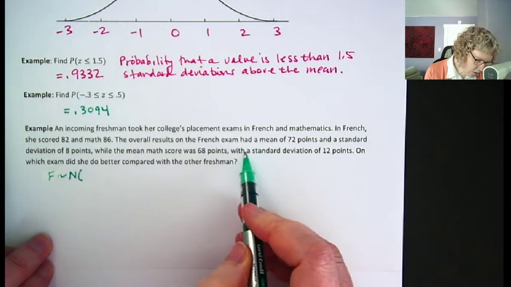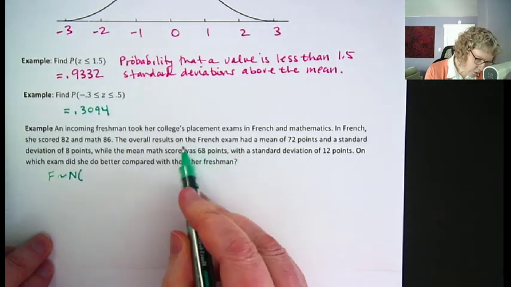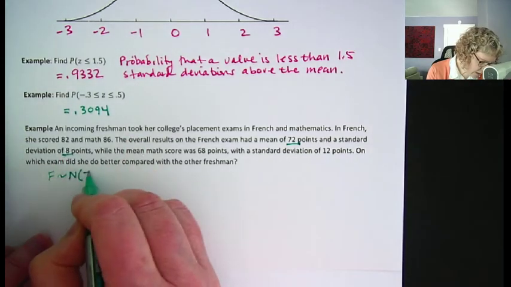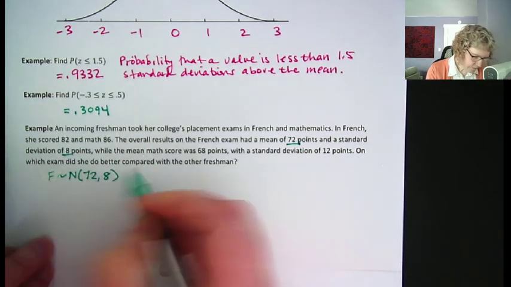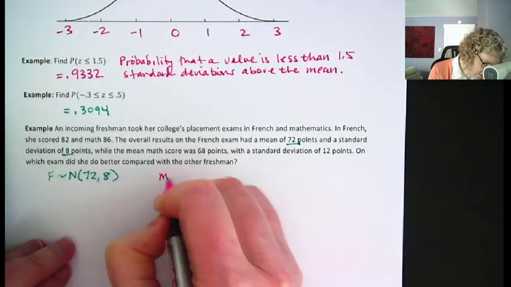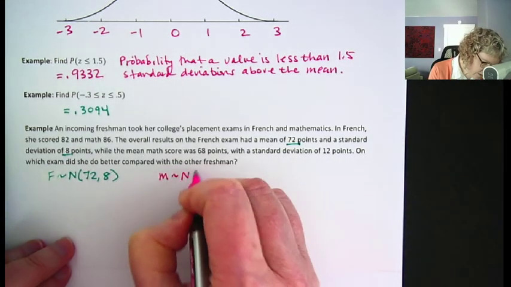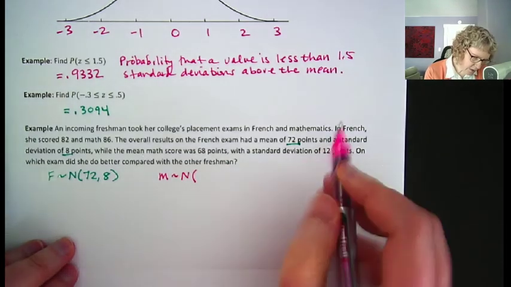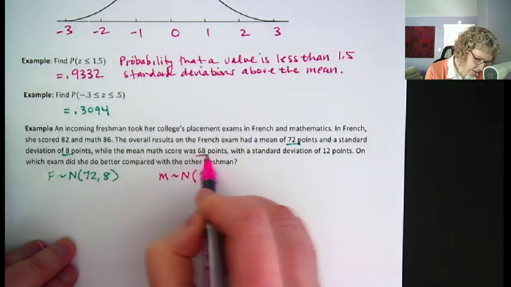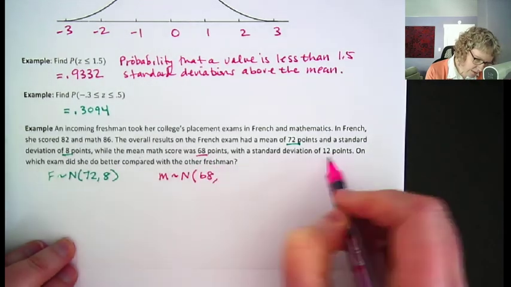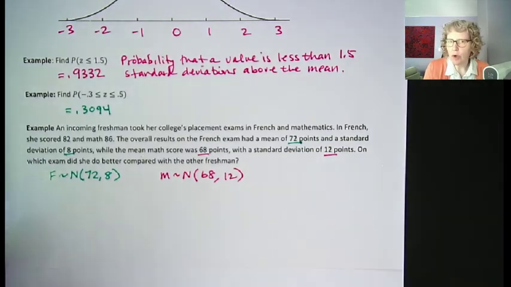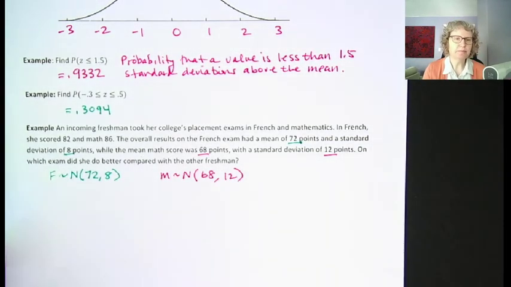The overall French exam had a mean of 72 and a standard deviation of 8. Okay, and then the math exam is normally distributed with a mean of 68 and the standard deviation is 12. Or you could do x1 and x2 if you prefer that.